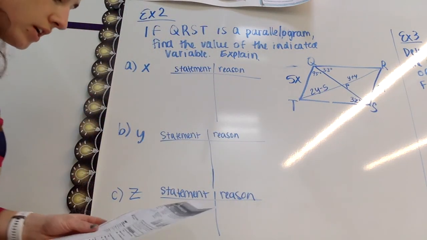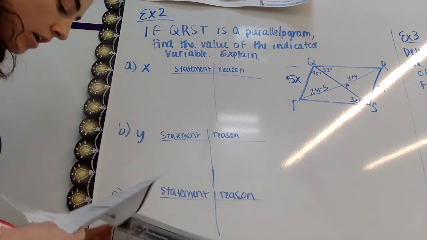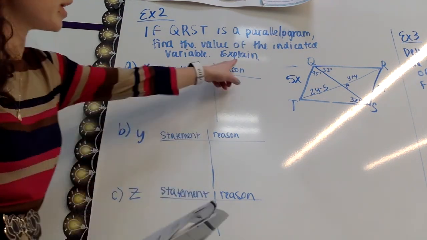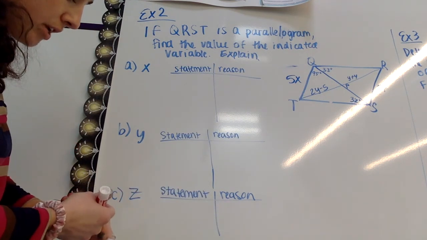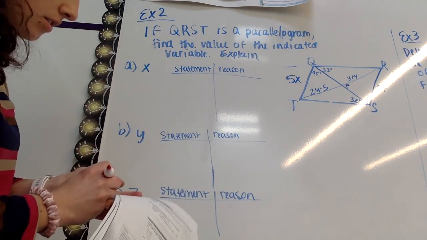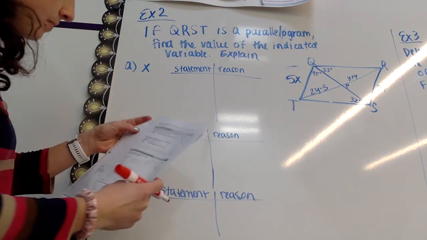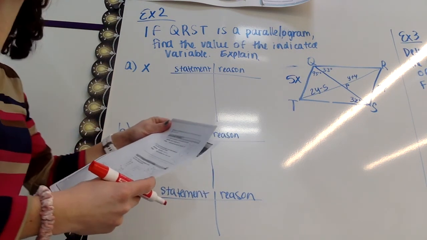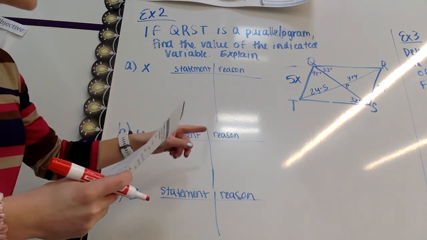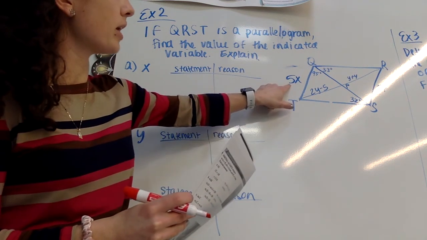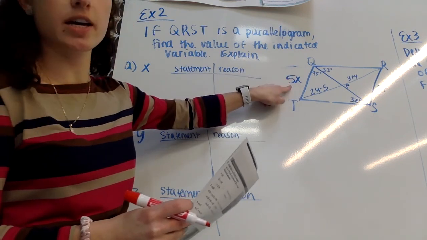So the first thing we're going to find is x. And when it says explain, we need to give our reasoning in the form of a proof, just like we have been learning how to do. Okay, so if we're looking at x, where's x? X is over here. The length of this side is 5x, okay?